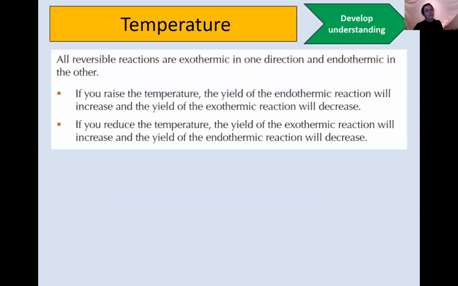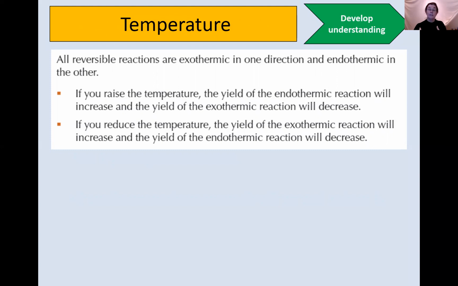So reversible reactions can be exothermic in one direction, but it does mean they're going to be endothermic in the other direction by exactly the same amount. So if we have an exothermic process and we increase the temperature, the system is going to want to decrease that temperature.